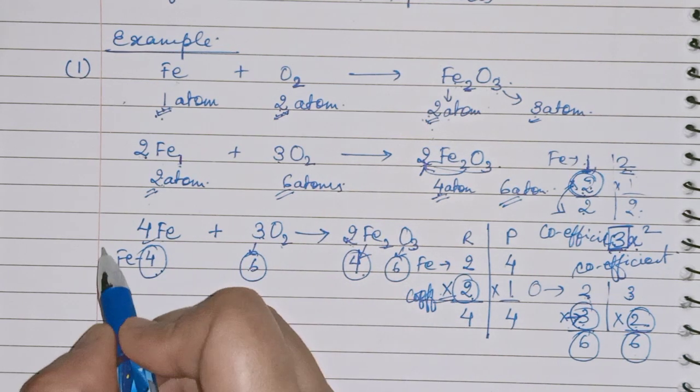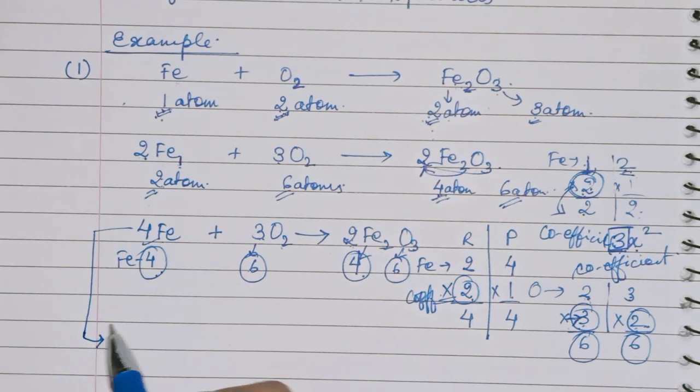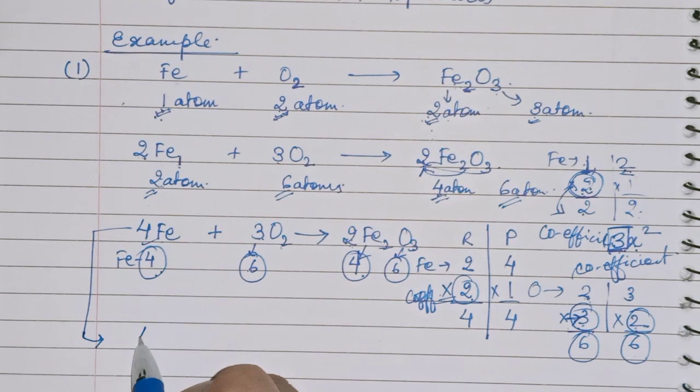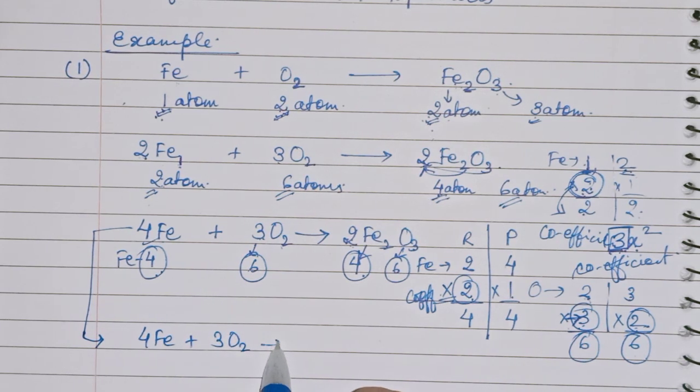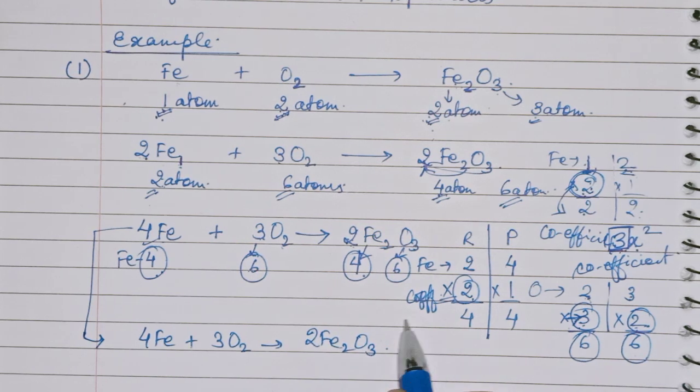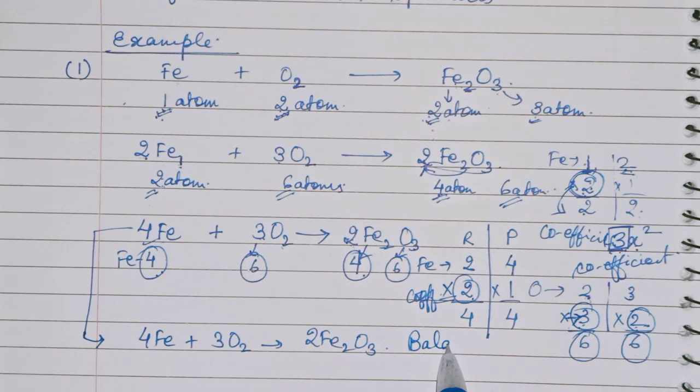Now you can say that the balanced chemical equation is 4 Fe plus 3 O2 gives 2 Fe2O3. This is balanced. Like this you will do another reaction.